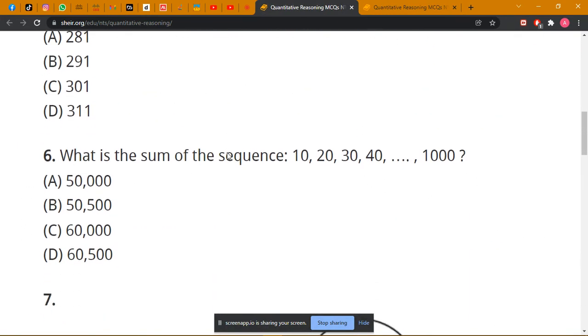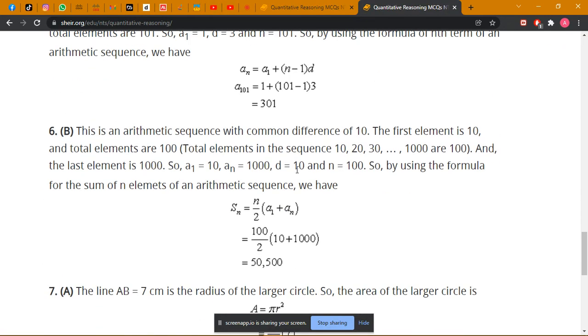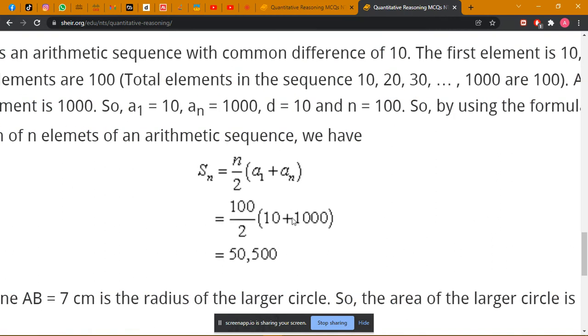What is the sum of the sequence 10, 20, 30, 40? To solve such type of question, you have to apply the sequence sum formula. You can see Sn is equal to n over 2 multiplied by a1 plus an.